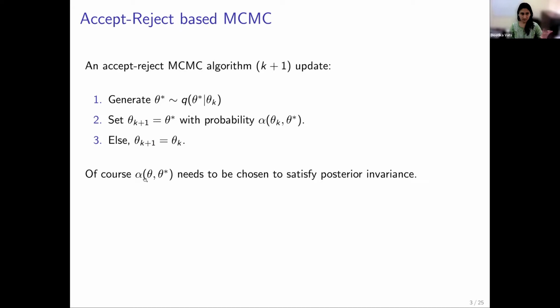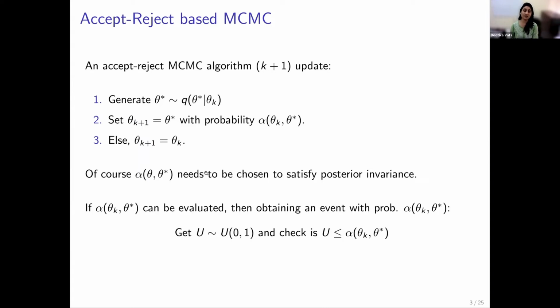Now, this alpha is chosen in a particular way so that this whole process actually targets the right target distribution, or a correct posterior distribution. So you can't just choose any acceptance probability. It has to be a particular acceptance probability that guarantees pi invariance of the underlying Markov chain.